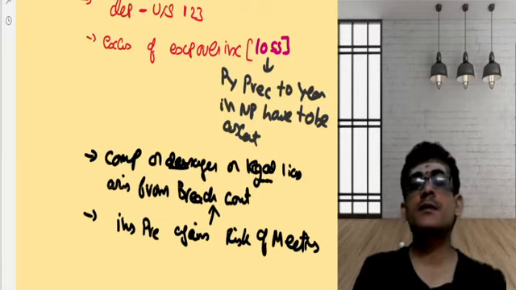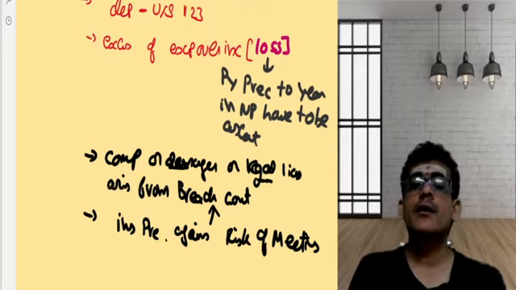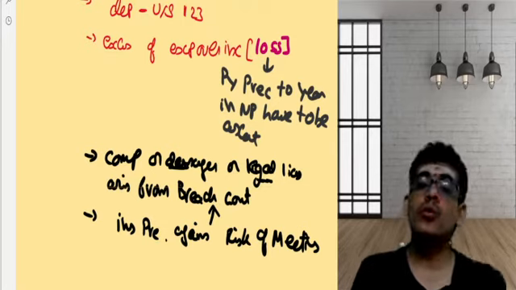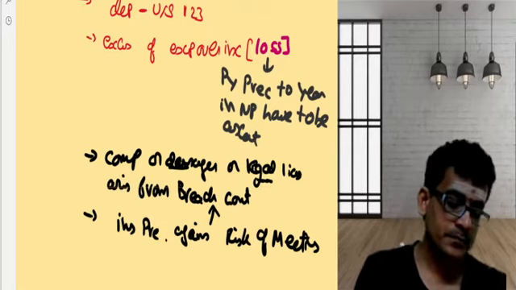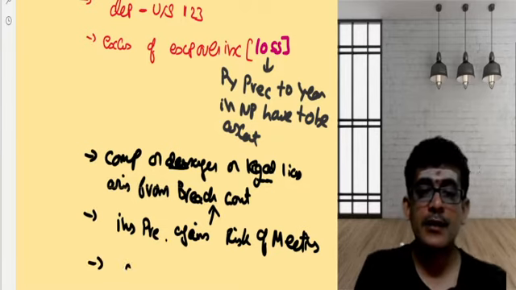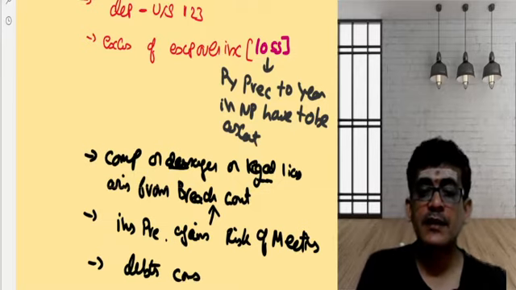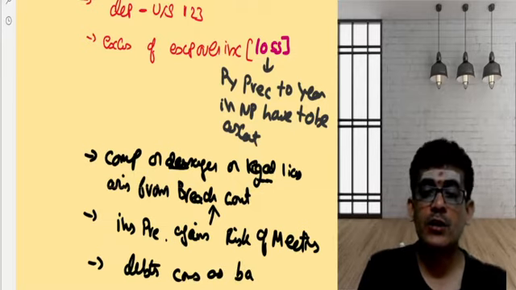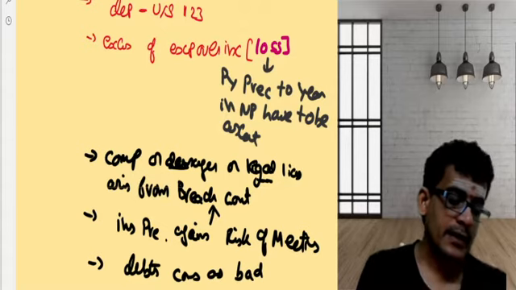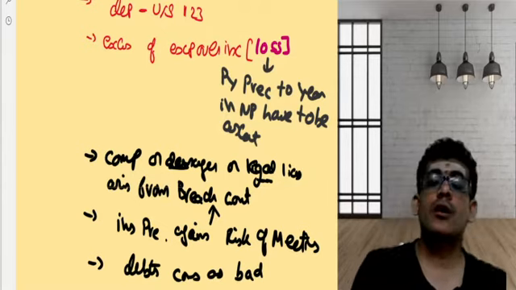For that you are taking some sort of insurance premium. So whatever insurance premium is paid for meeting the risk of the above, even that can be considered. Then any sort of debts considered bad can be considered. So these are the following debits which are allowed.